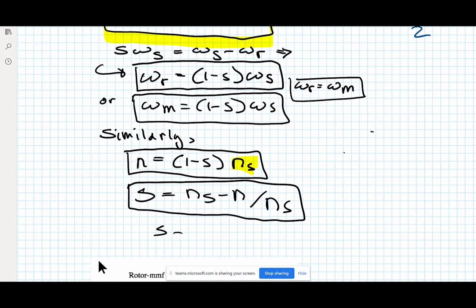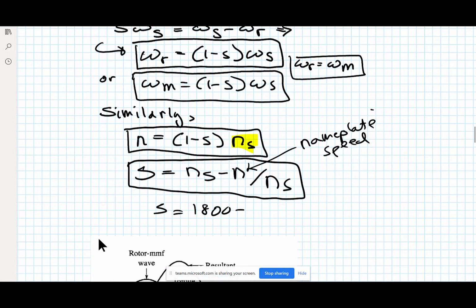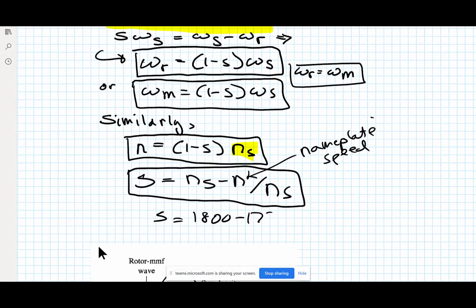So let's say I have slip, and this is the nameplate speed of the machine, the rated speed. At rated operation, you're going to have that speed 1790 divided by 1800.